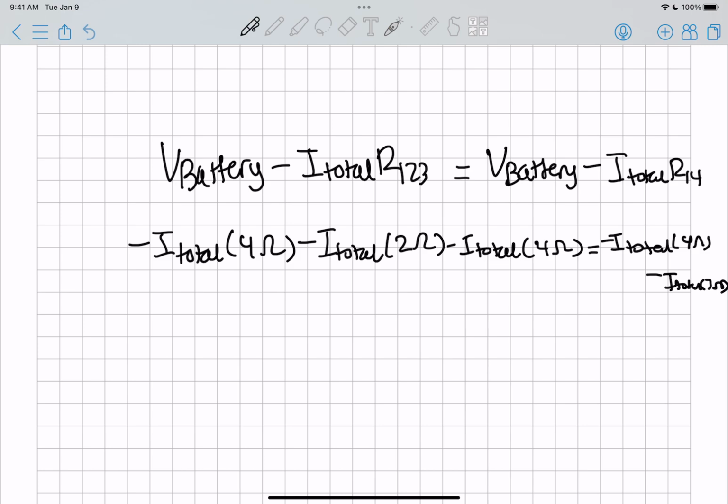Because then we just have 6, minus 10 ohms over here, so I total 10 ohms. Yeah, that does absolutely nothing. Okay, screw it. It's whatever.